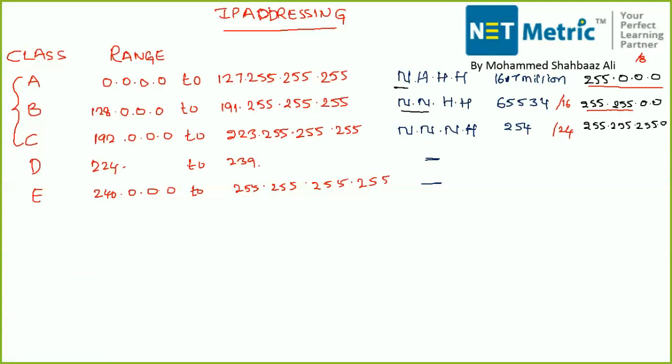For example, if I am using class C and I need only 20 IP addresses, the remaining IPs will be wasted. In order to overcome that problem, we use a method known as subnetting.